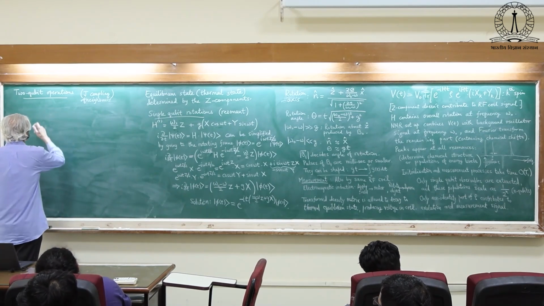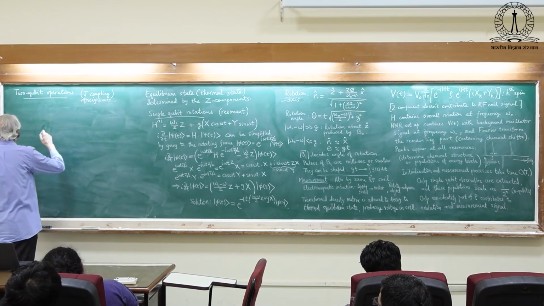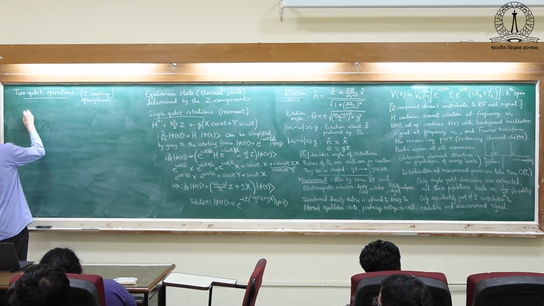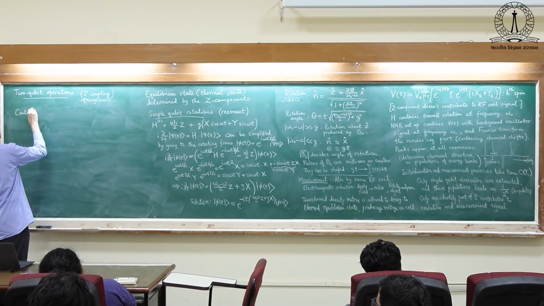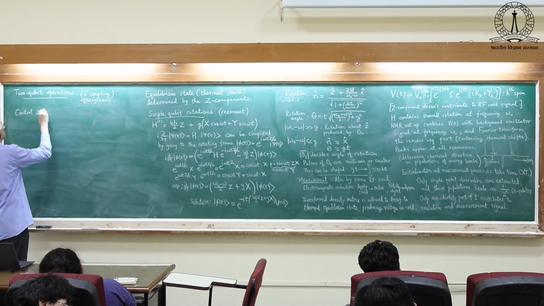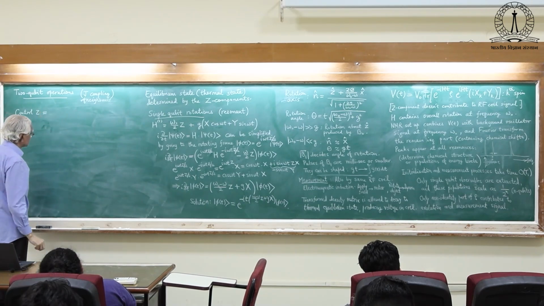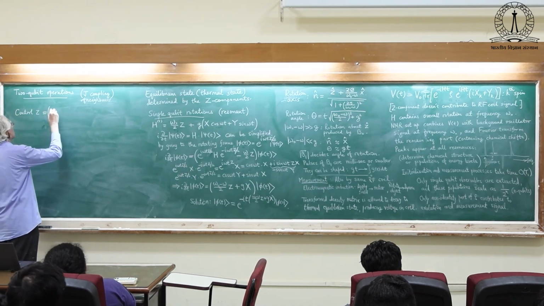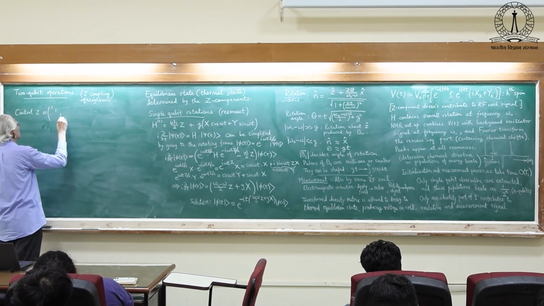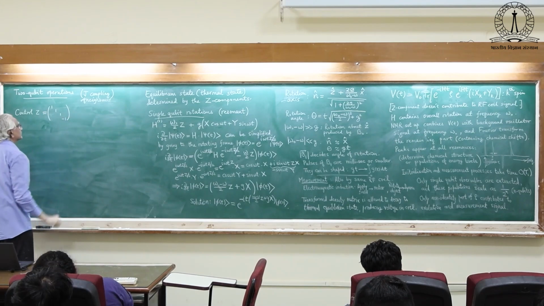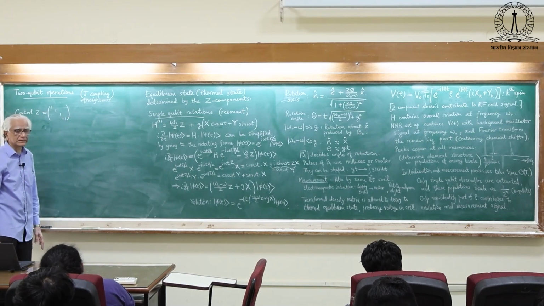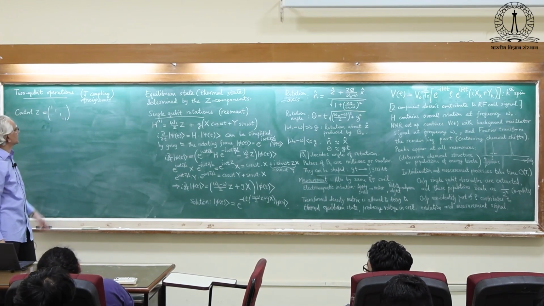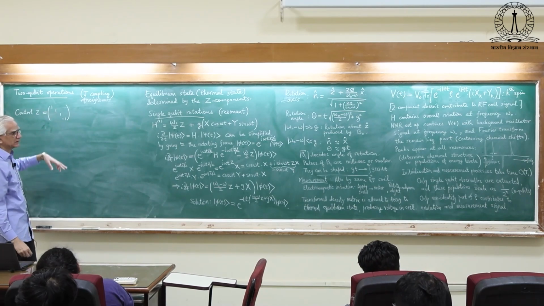So the easiest one to work out is the diagonal operation, which is the control z. And in the matrix form, it is this operator 1, 1, 1, minus 1.